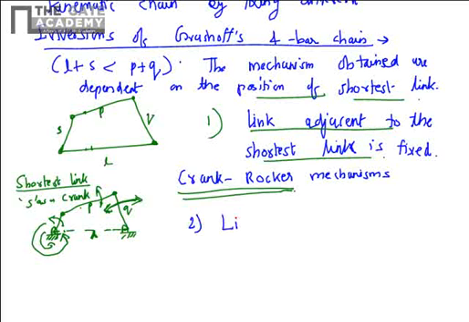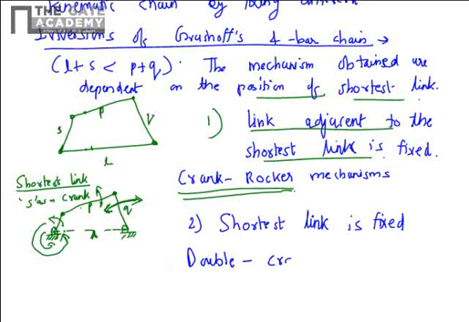The second category is the one where the shortest link is fixed. So the mechanisms under this category come under double crank mechanisms.